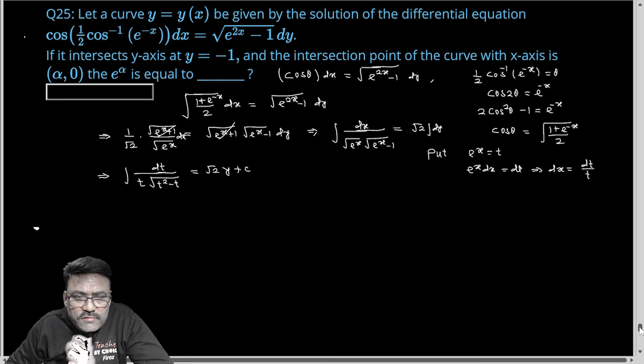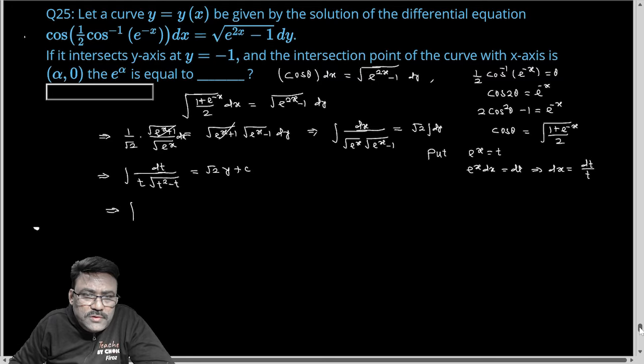If I take t square common here, I can write it as dt over t square under root 1 minus 1 by t, equals root 2 y plus c.